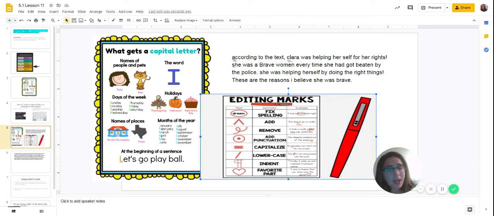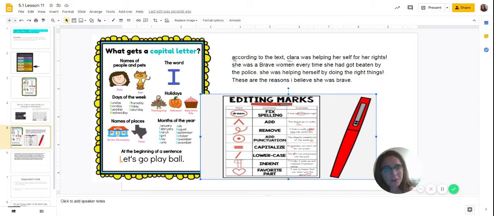Now, this is a common mistake. I see that the word brave has a capital letter, but does brave fit any of these things? Is it a person's name? Is it the word I? Is it a holiday? Is it the beginning of a sentence, days of the week? It's none of those things. So the B should not be a capital letter.